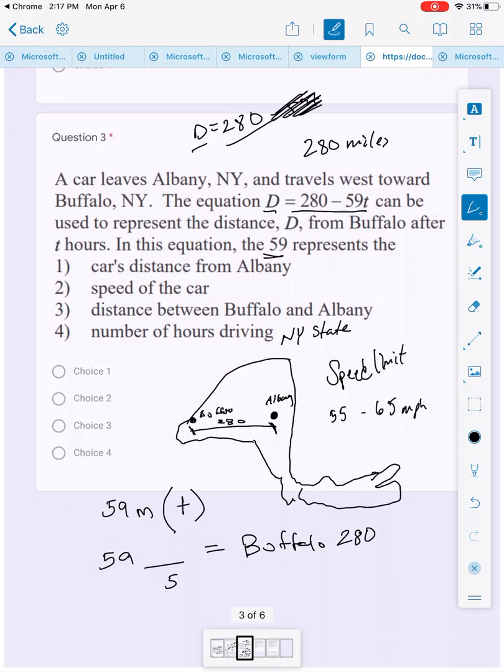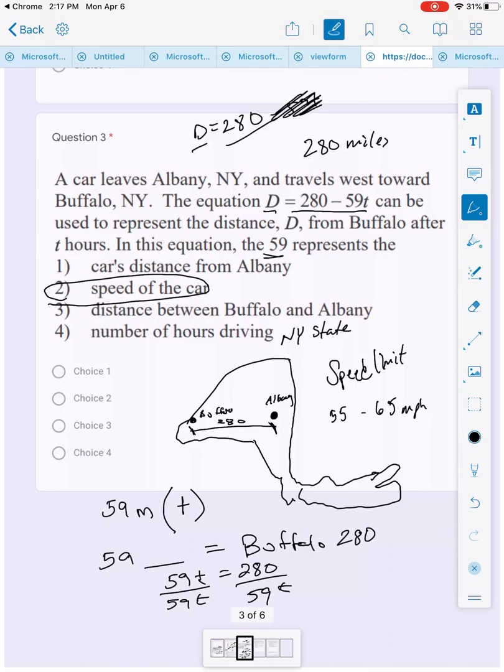Now looking at that, 59t equals 280. Divide by 59 on both sides, and guess what? You'll end up finding how much time it takes to actually travel to Buffalo. Now, 59 is the speed of the car.